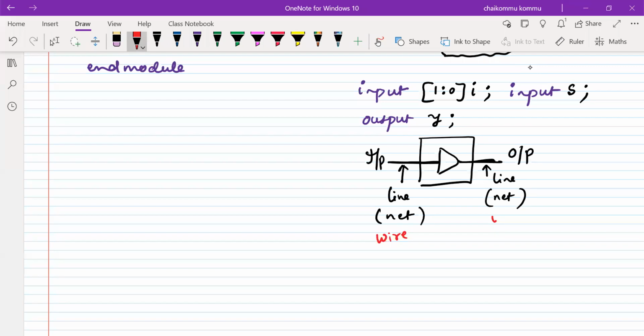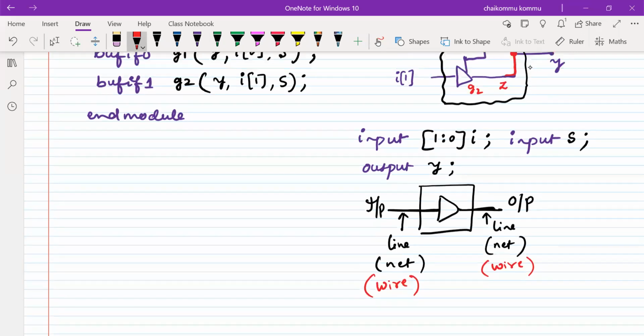Other data types are also there for the signals. So these are called default values for the net. Therefore, even if you are not writing the input as I[1:0], by default it is actually a wire. So how do I write like this one? Instead of saying like this, I need to write in this way.